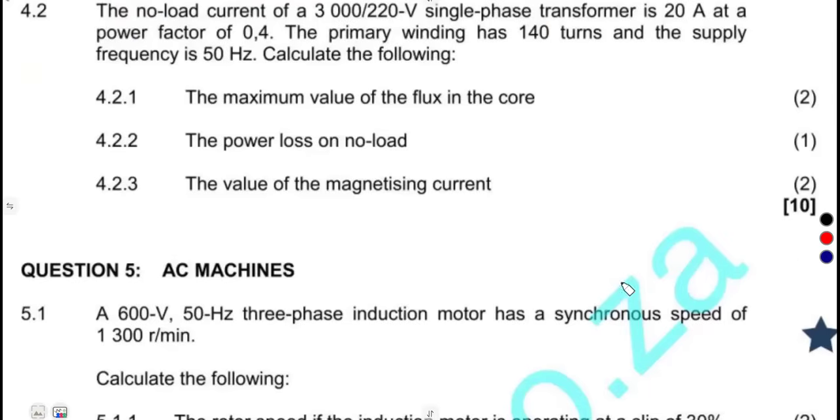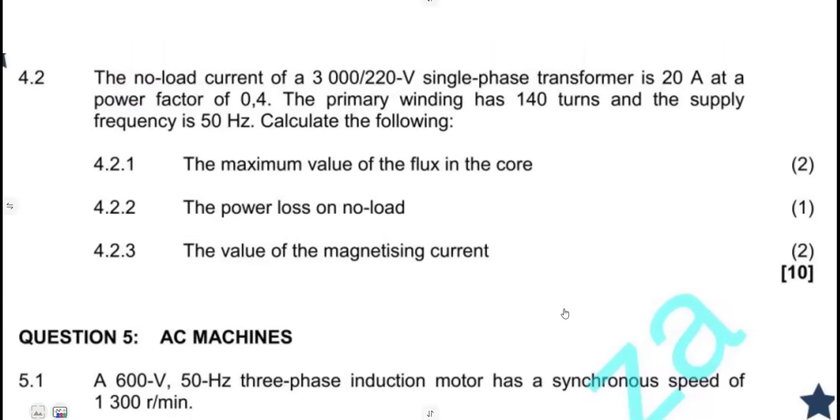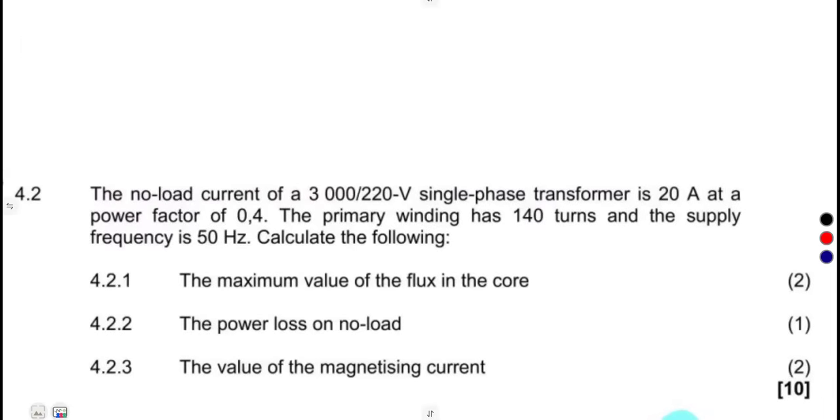All right. Then another part on our transformers, it was here 4.2, where we've got a no load current. A no load current is given, 20 amperes, to this combination V1, V2, or E1 and E2.